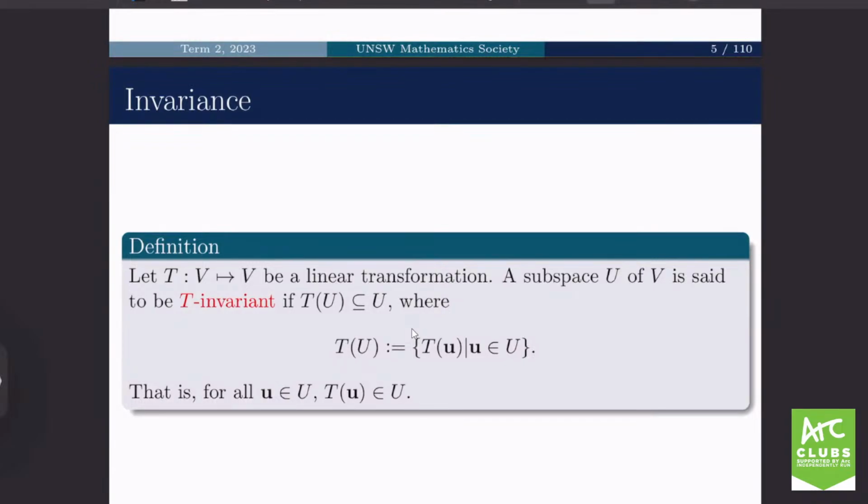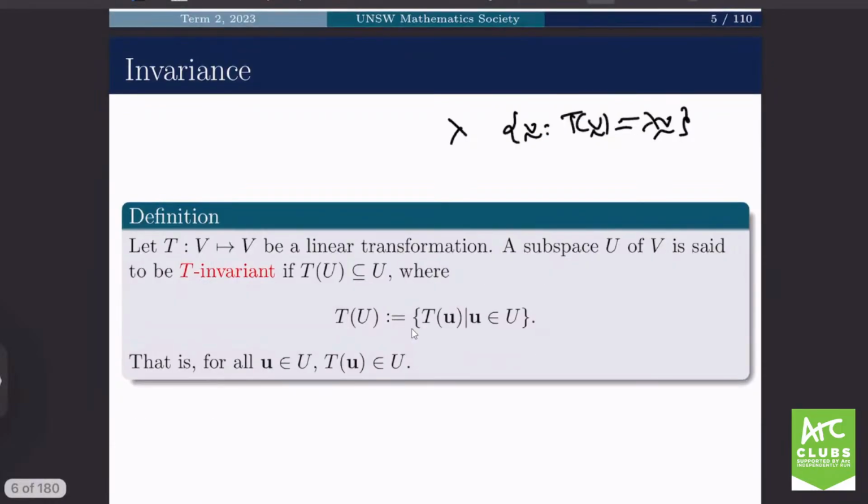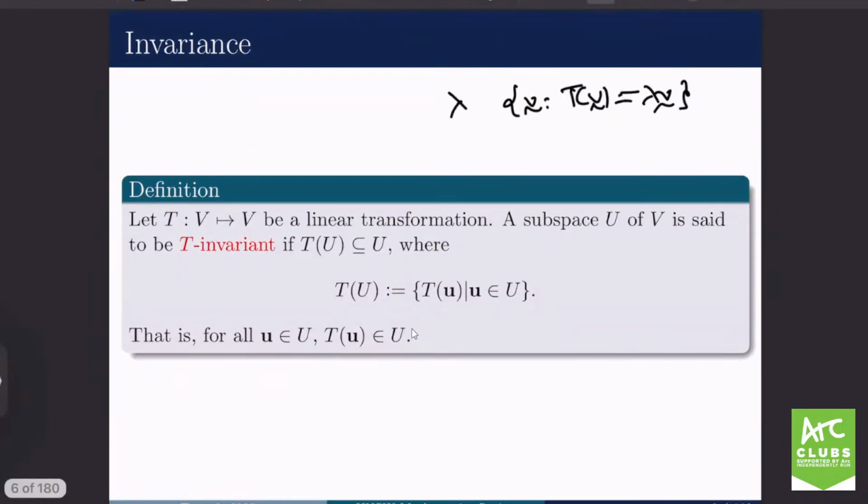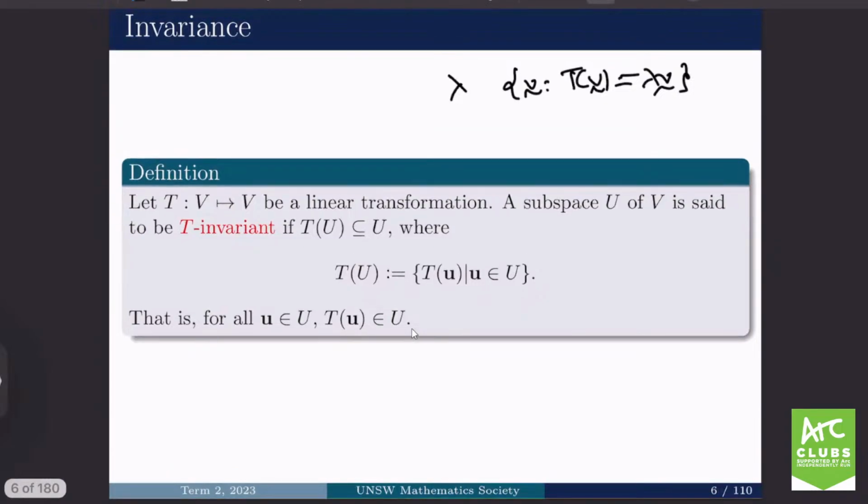So for example, if we had an eigenvalue lambda, the eigenspace would be the set of all vectors such that T of v equals lambda v. Okay, now eigenspaces are invariant under the linear map. So if you remember from the linear transformation part of this course, invariance means that if you put a subspace into a linear map, it remains a subspace of itself.